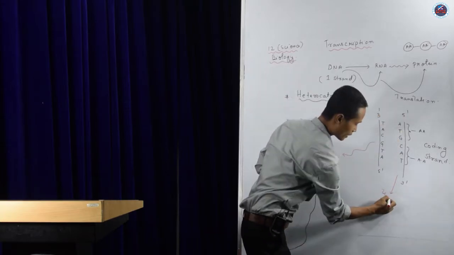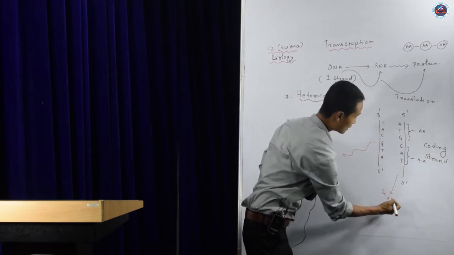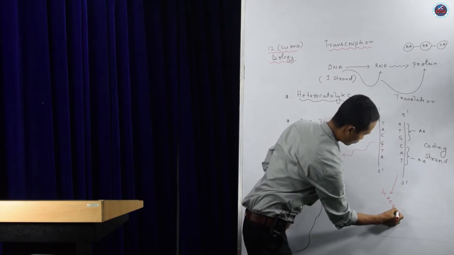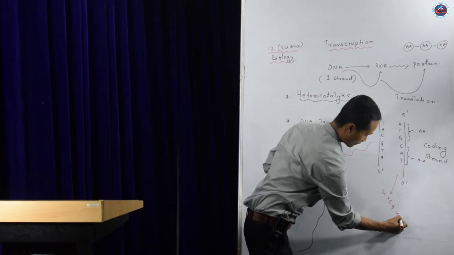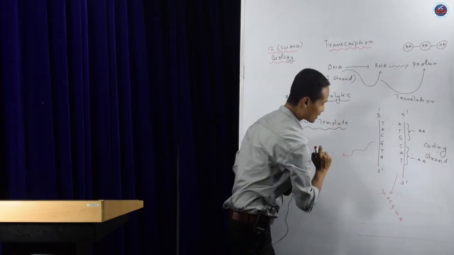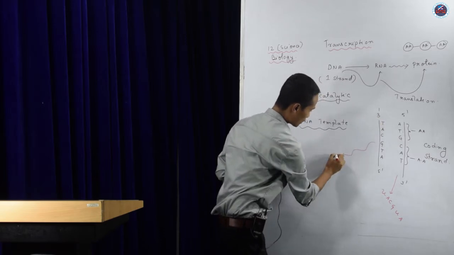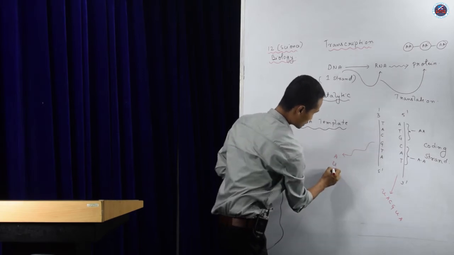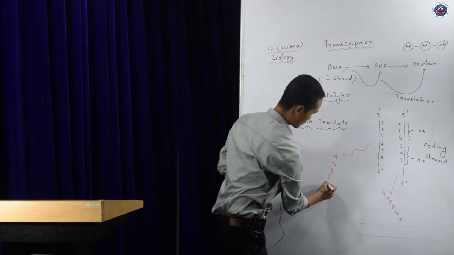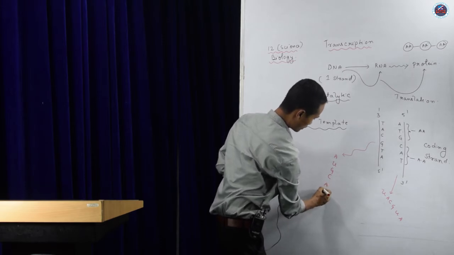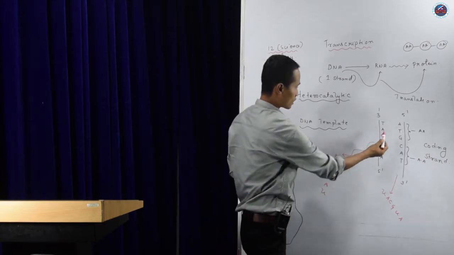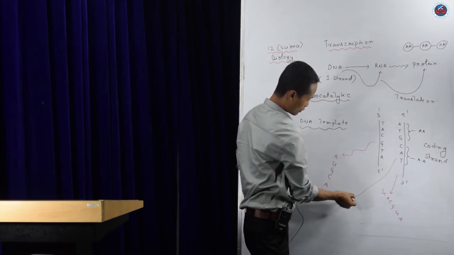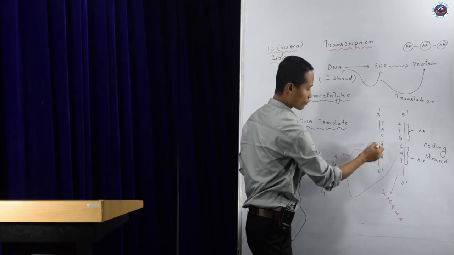T will be A, G will be C, C will be G, then A will be U, again T will be A. If you see this, you get A, U, G, C, A and U. So you will find this in the case of 3' to 5'.